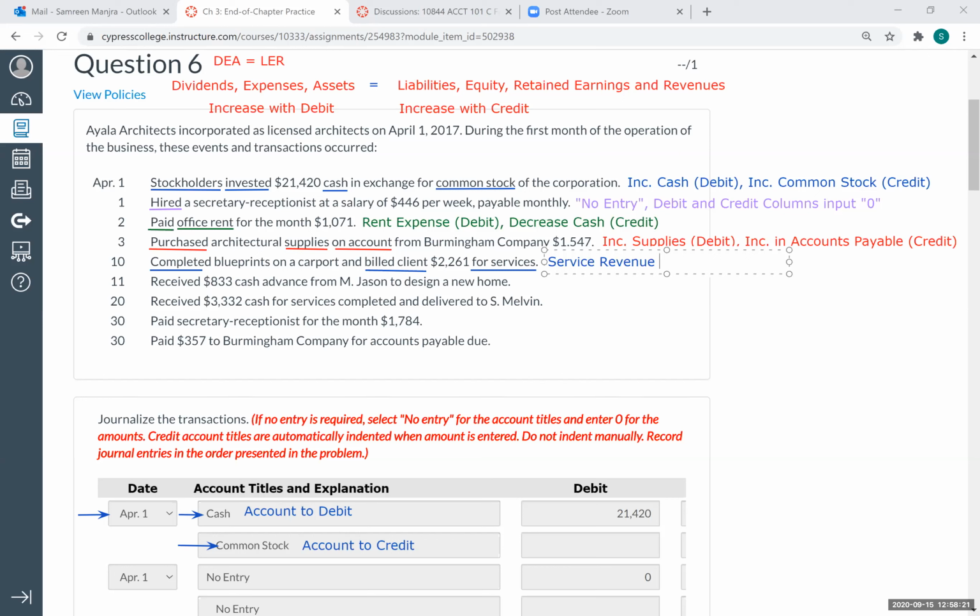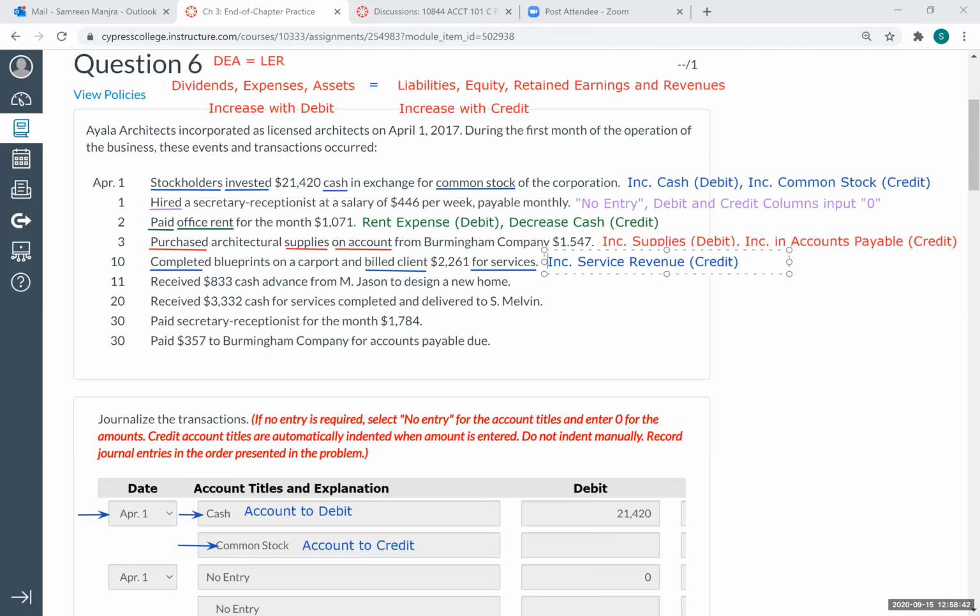Service revenue increases our net income, which increases our retained earnings, which increases our equity, and therefore will be recorded as a credit. So we have an increase in service revenue.